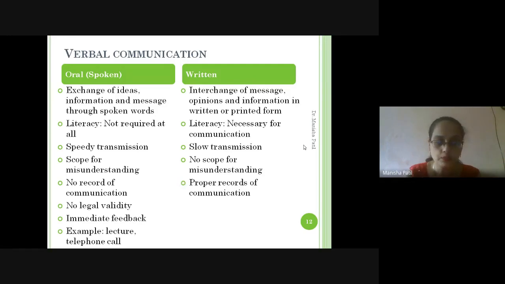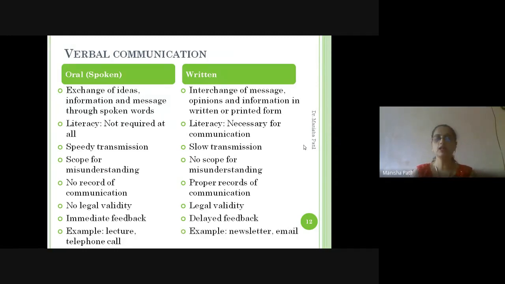Next, proper records of communication. It has legal validity. However, there is delayed feedback. Its examples are newsletter and email.